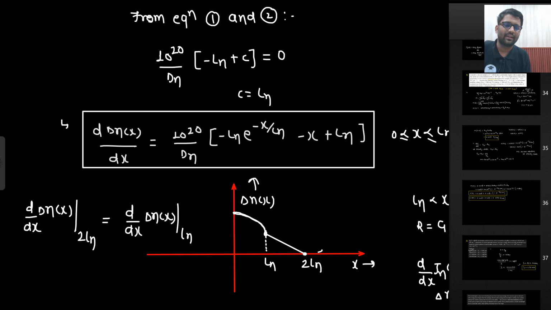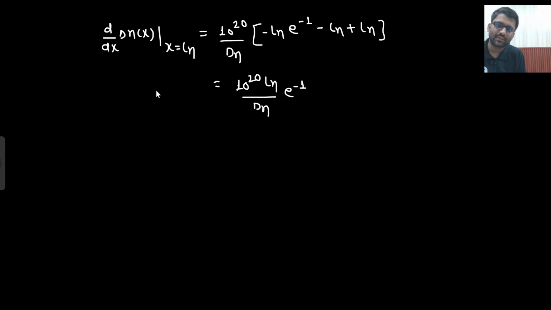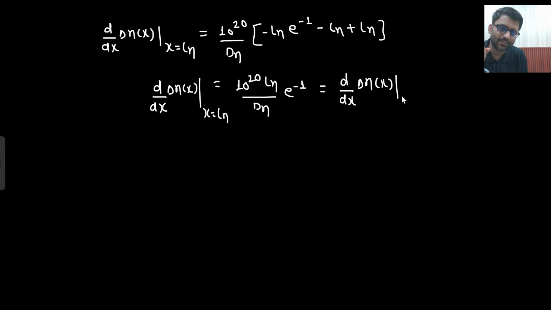Minus ln plus ln will cancel out. So what you are getting is 10 to the power 20 ln by dn e to the power minus 1. So this is the value of slope you are getting at x equal to ln. The same value you will be getting at x equal to 2 ln as well.